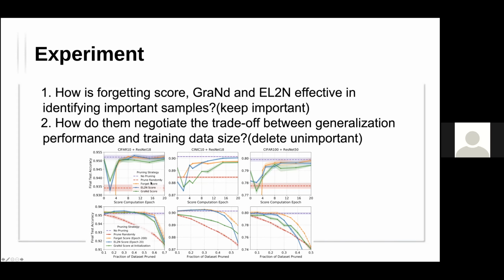So the no pruning is the ground truth, right? The final test accuracy. And the dashed line is the mean, and I think they consider different model architectures. And how do you interpret the score computation epoch? It is aligned with the training epoch.